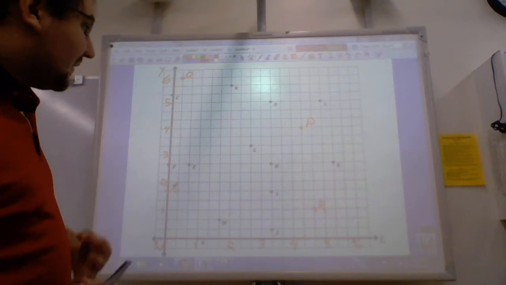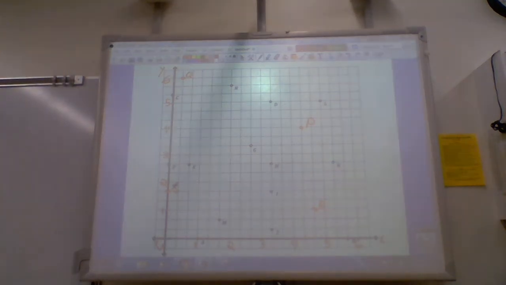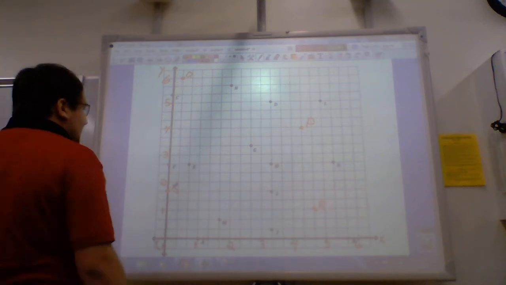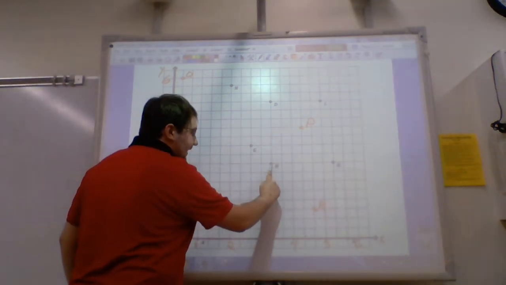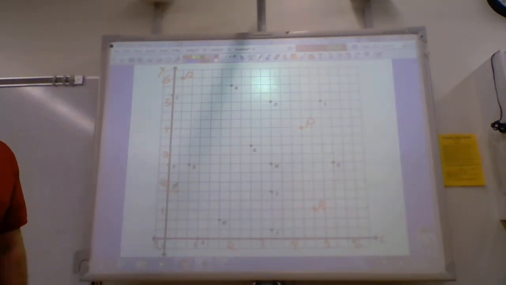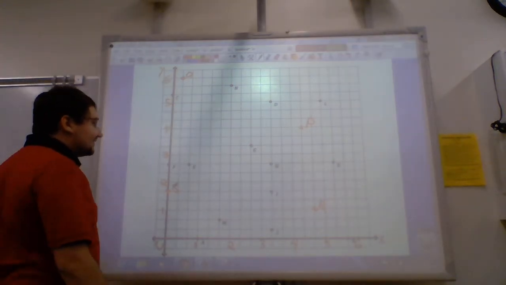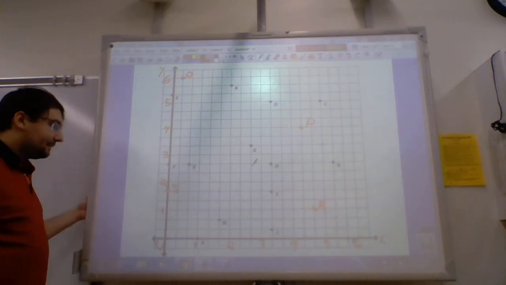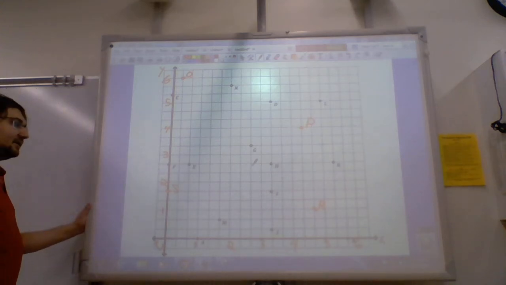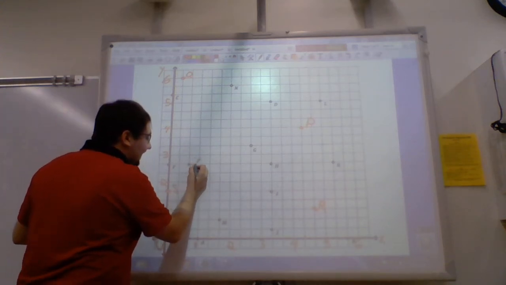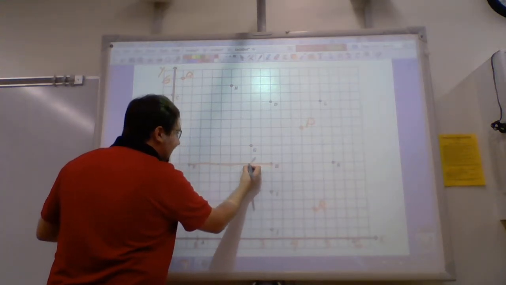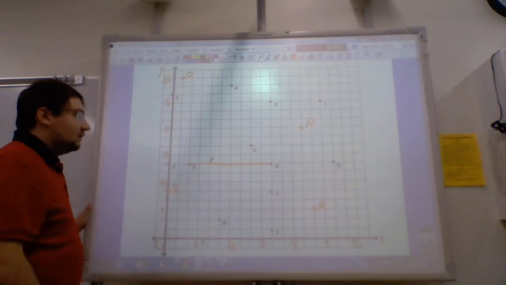Question K might have caused a little bit of confusion. It is asking us for what is the distance between E and H. Good news about the distance between E and H. E and H are on the same line, so we just need to find out how long this line I just drew is.